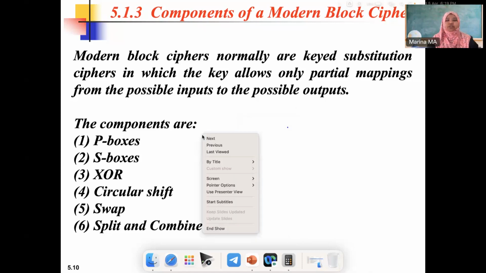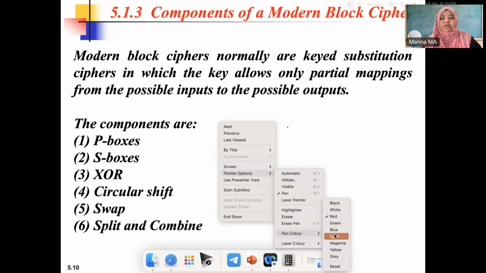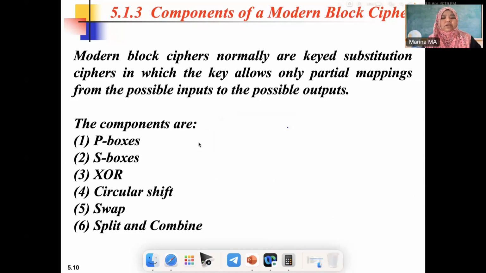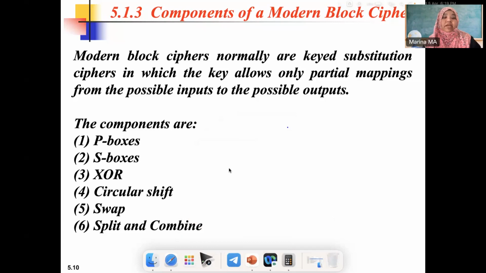To build a symmetric block cipher, a modern block cipher, we have 6 components that can make up the modern block cipher.